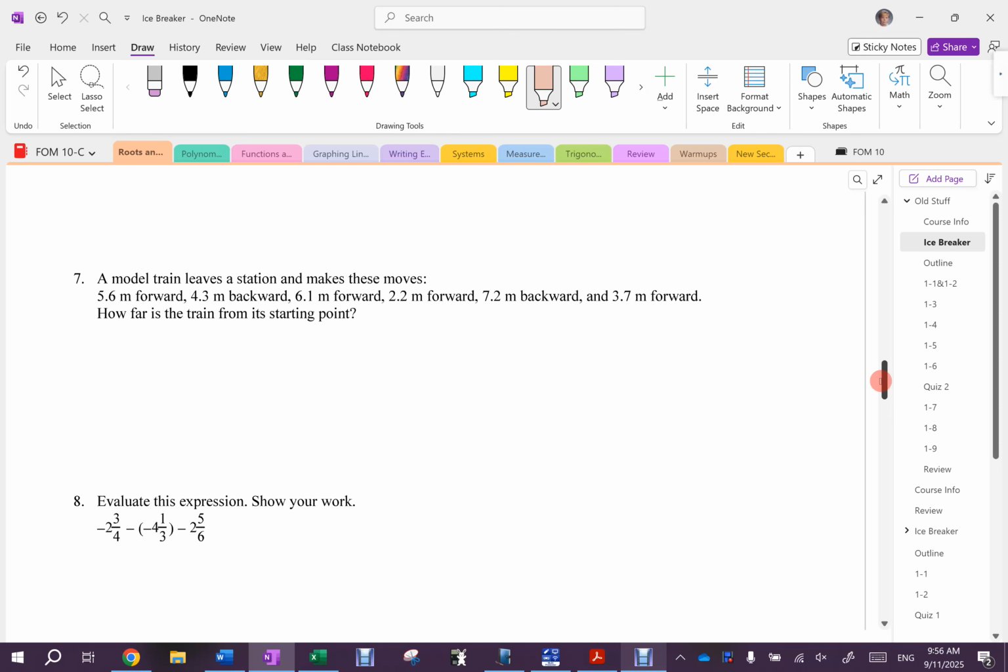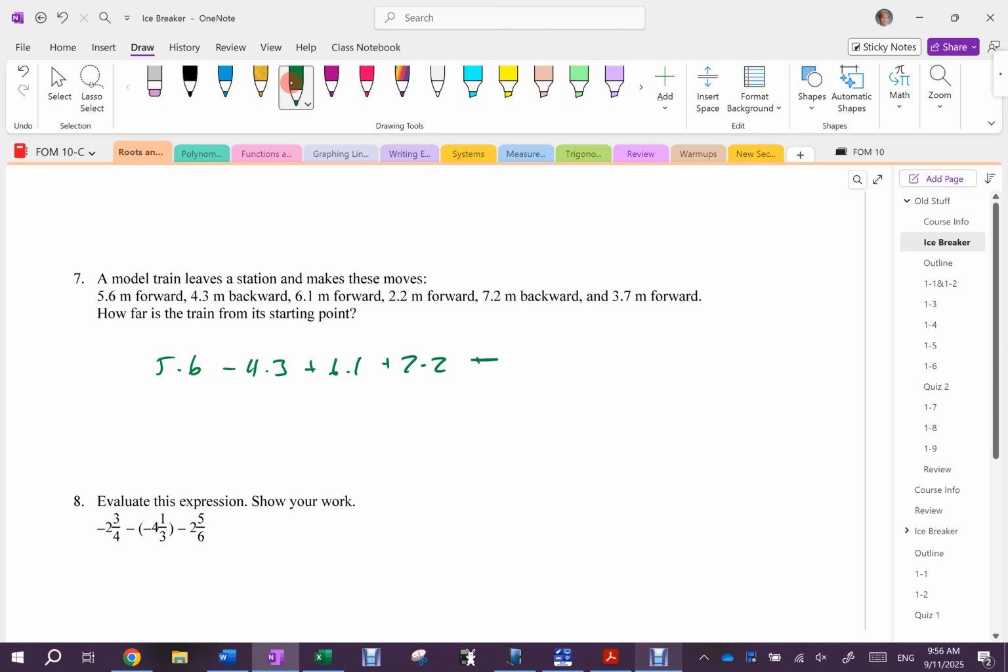So you can collect your like terms, or you could write it out the long way. If you wrote it out the long way, you would have written 5.6 minus 4 minus 7.2 plus 3.7. You could also have collected your like terms. Put all the forwards together and then subtract the backwards. I don't really care.